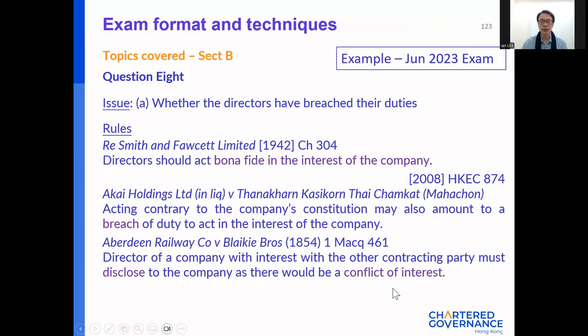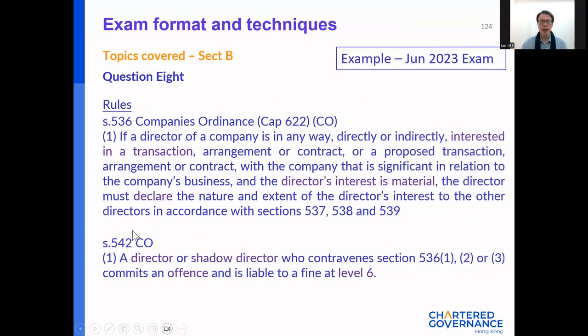So if you have an interest in a particular transaction, you must disclose, otherwise you will have a conflict of interest. And then you will recall, we've seen this section a number of times already. So under section 536, if you're a director, you're interested in a transaction with the company that is significant and the director's interest is material, then you must declare the nature and extent of your interest to the other directors. Okay, so we've seen this one before.